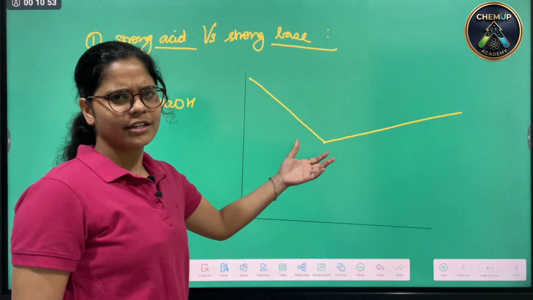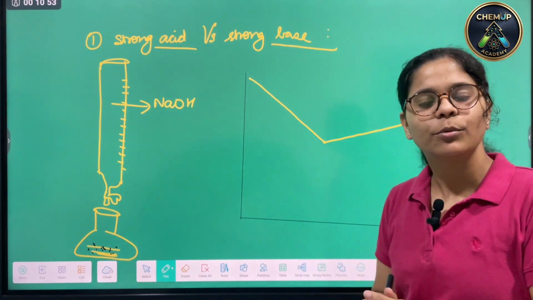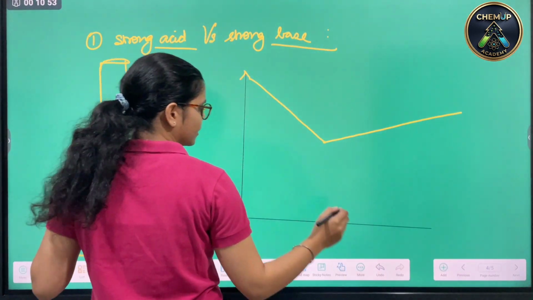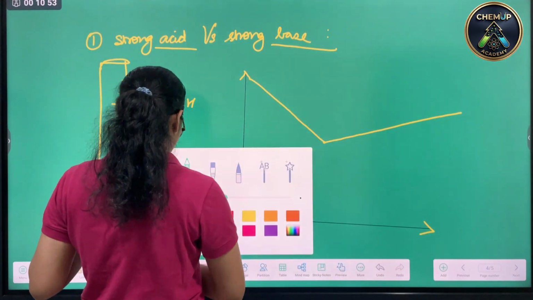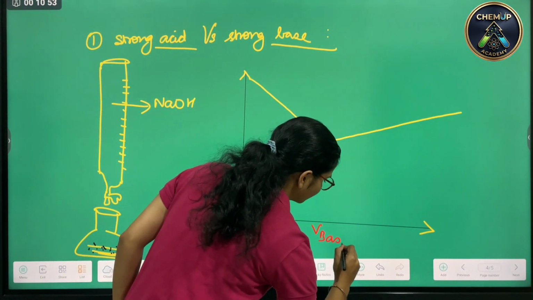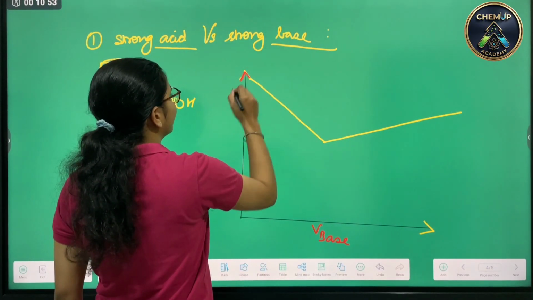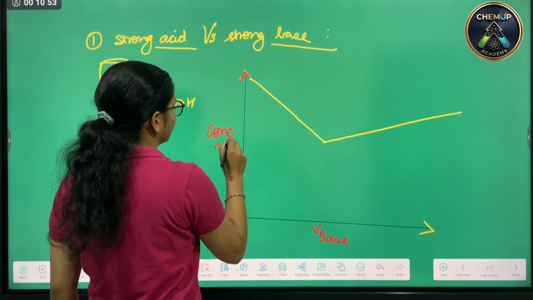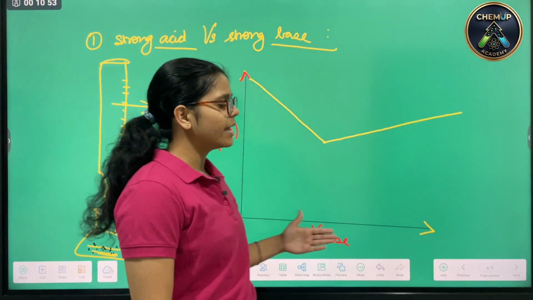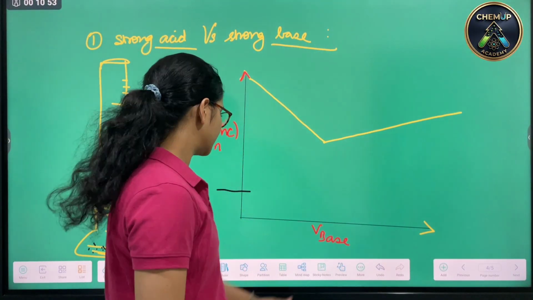How can I make this graph like this? Have I taken it from the book and then pasted it? No. The thing is, here on the x-axis I would mention volume of base, and here shall be my concentration. On the y-axis I am taking concentration, and on the x-axis I am taking the volume of the base.